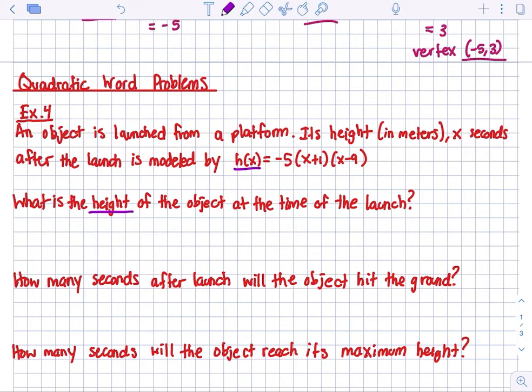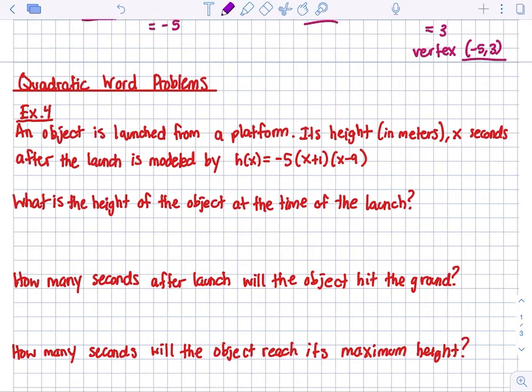Then you have to critically think and ask yourself the question: what is the amount of seconds when it's about to launch? Some of you are figuring out that at the time of the launch, time is 0.